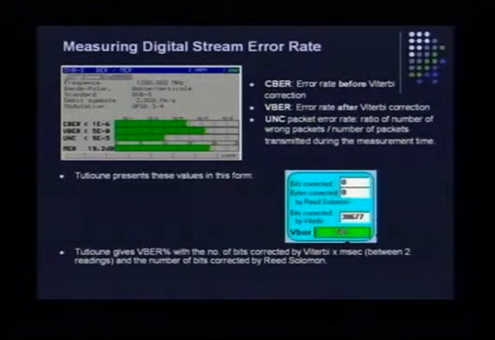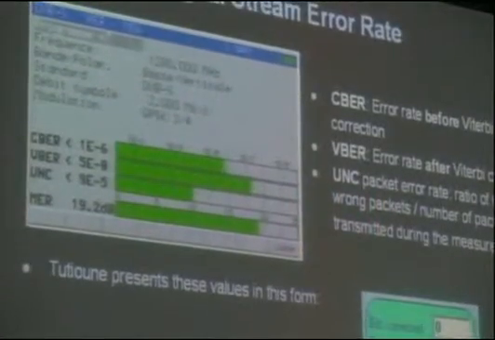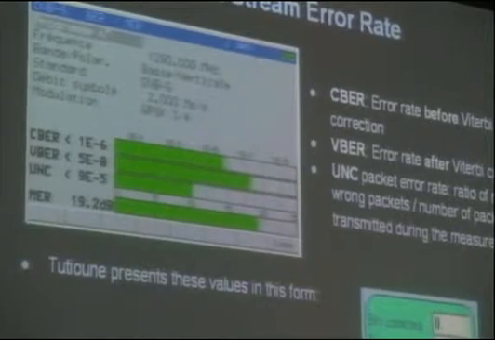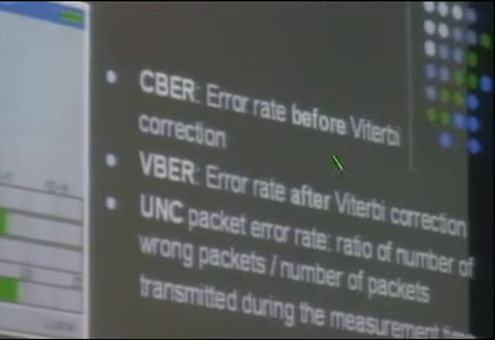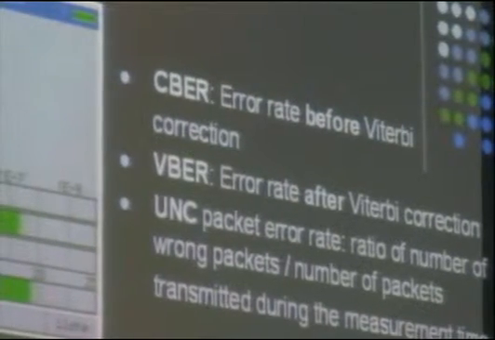Now, after measuring the SNR, signal to noise ratio, given by the MER, we have all other information. CBER is the error rate before Viterbi correction.